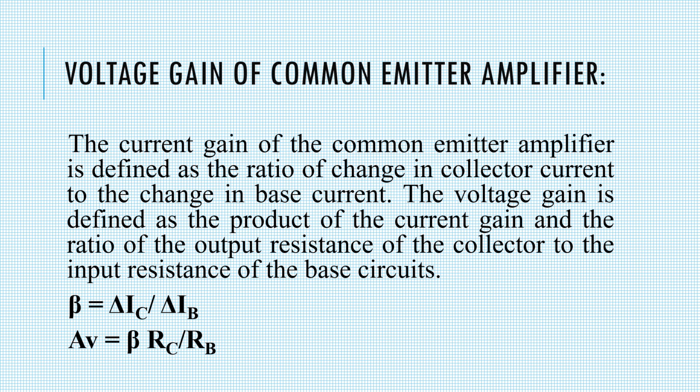So here we can write beta, that is the current gain, is equal to del IC upon del IB.